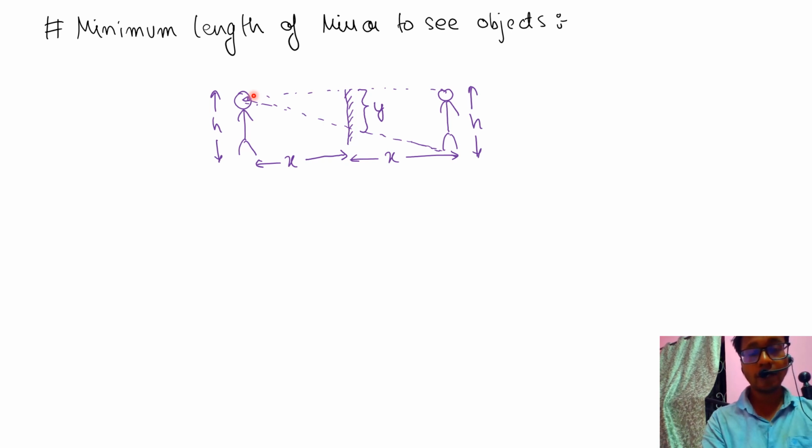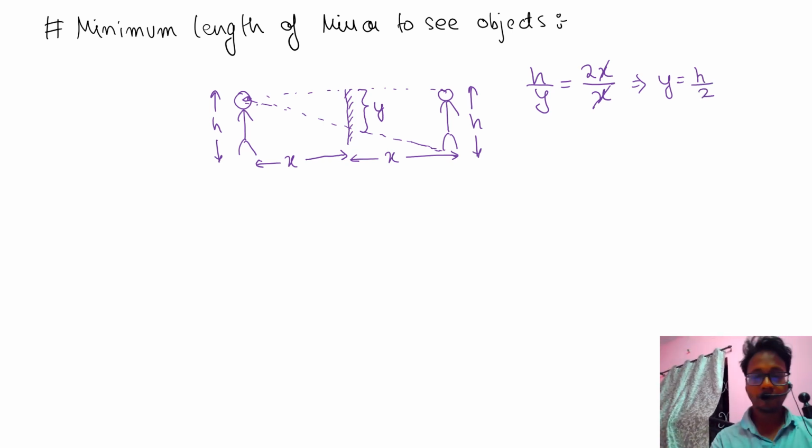I'm finding the similarity between this triangle and this triangle. So h by y is equal to 2x by x. Our minimum length of the mirror should be y is equal to h by 2, the same conclusion we found using the ray tracing method.